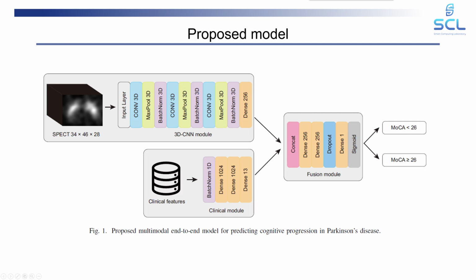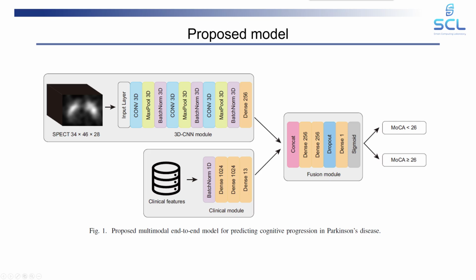Figure 1 is the proposed model. The end-to-end model consists of three main components: a clinical module, a 3D CNN module, and a fusion module. We process the clinical features using a simple feed-forward network.